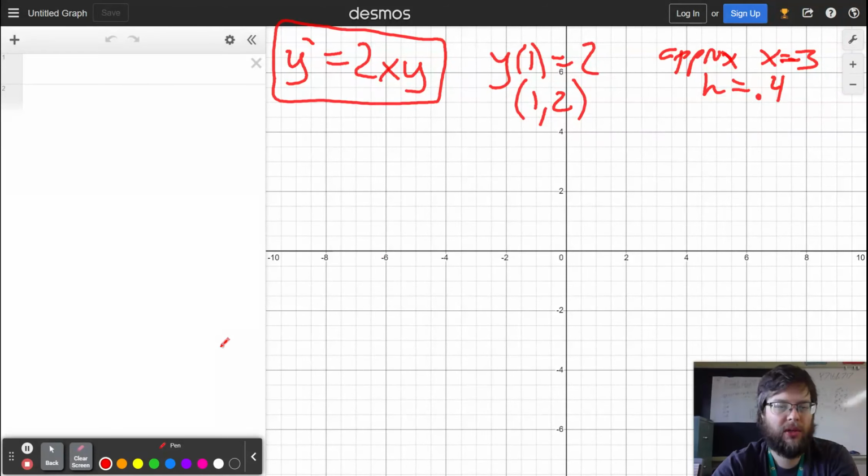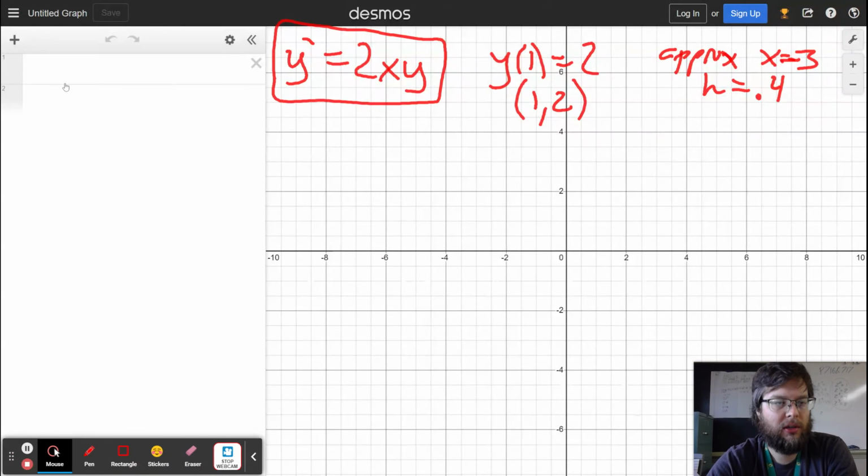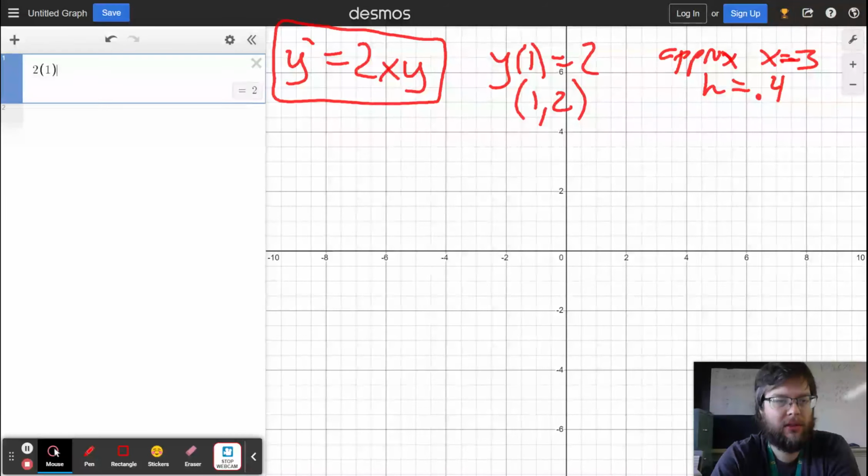So let's start with our first calculation here. Our first slope is just 2 times x times y. So our first slope is just 4.